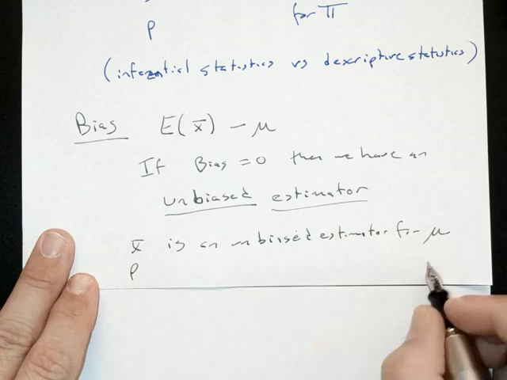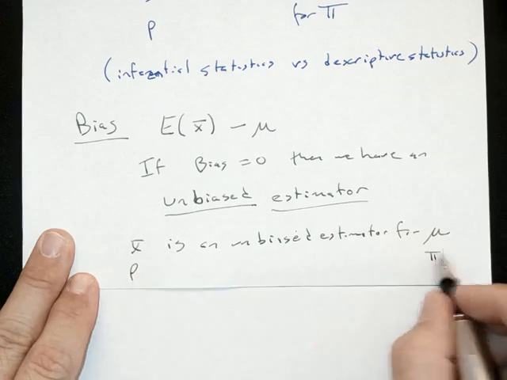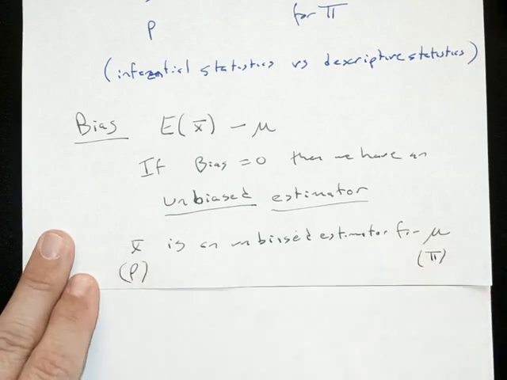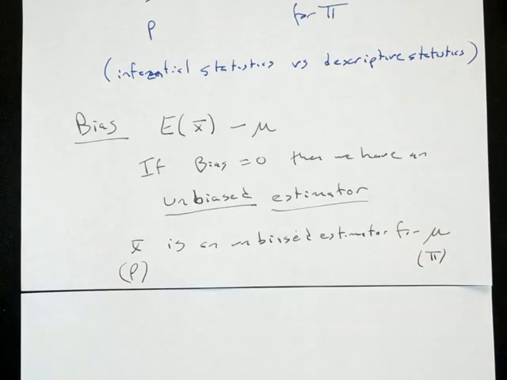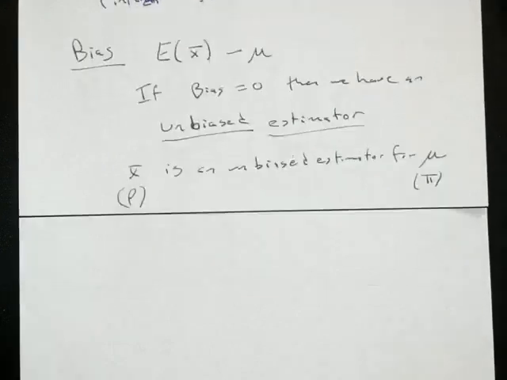And P is an unbiased estimator for pi. But standard deviation is not unbiased. Standard deviation is biased.